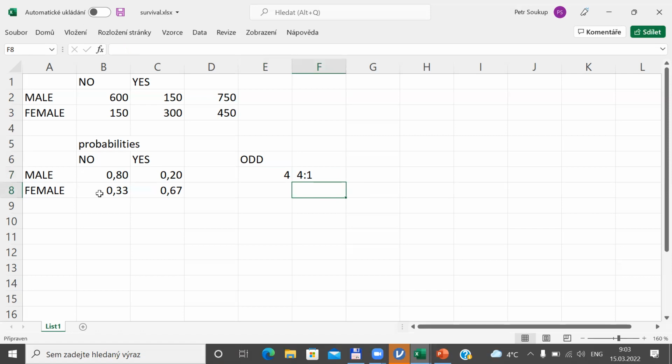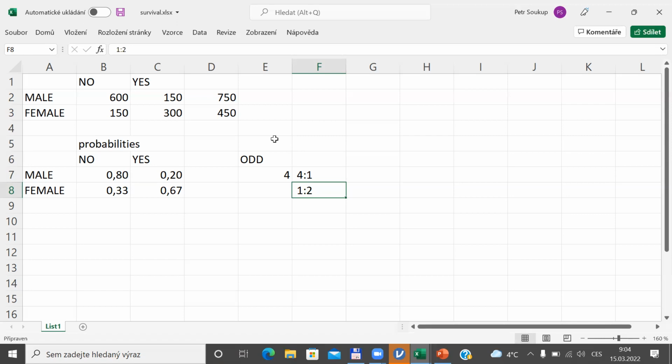The same ratio can be computed for female. Once again, the first computation will be only in my head. So if it is 0.33 and 0.67, once again, 1/3 and 2/3, so it is 1 divided by 2. Oh, sorry for that. Currently it is correct.